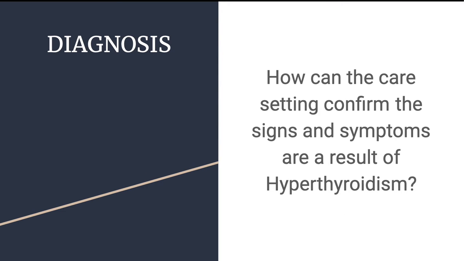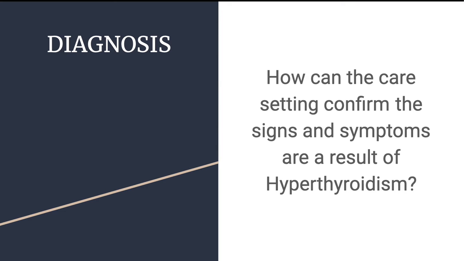All right, now moving on into diagnosis. So the signs and symptoms are probably helpful getting you to run the lab tests that are absolutely necessary to diagnose something like hyperthyroidism. While I didn't include the citation on this slide, I have all the references at the end.